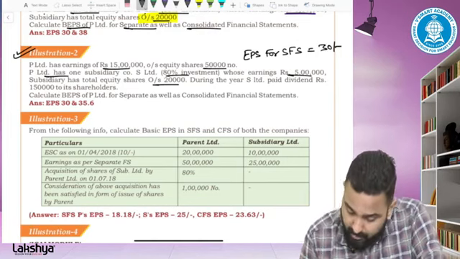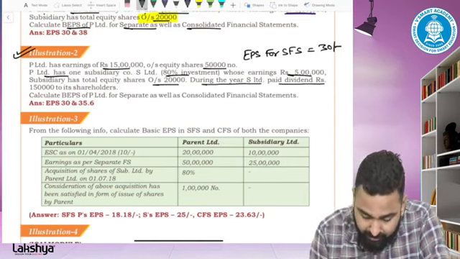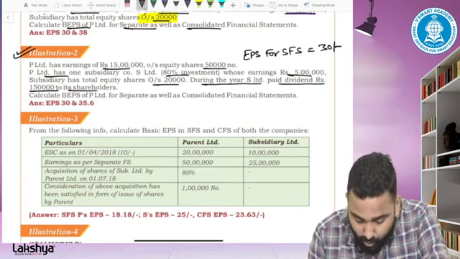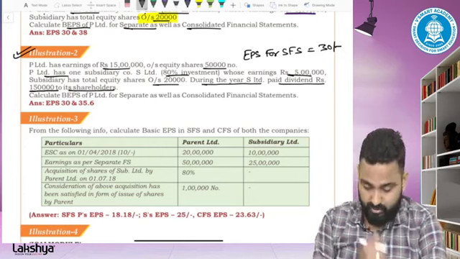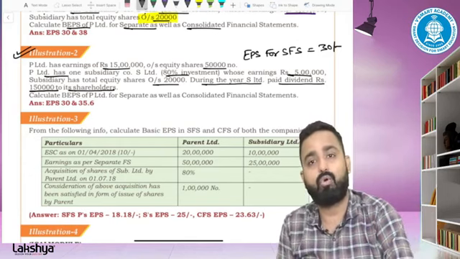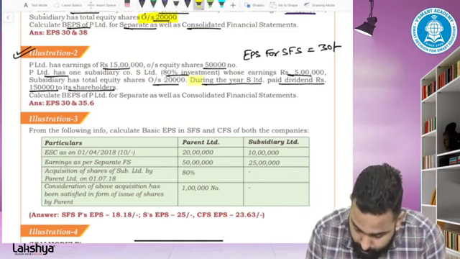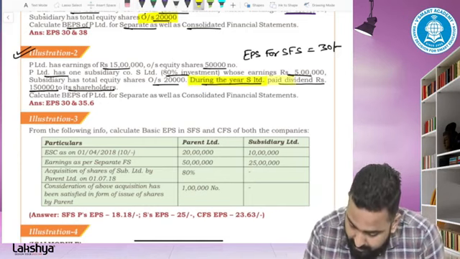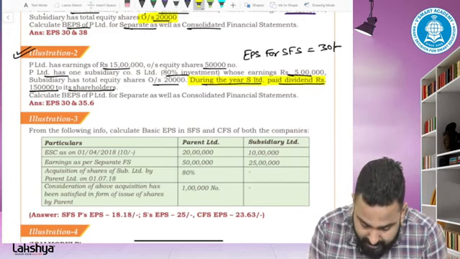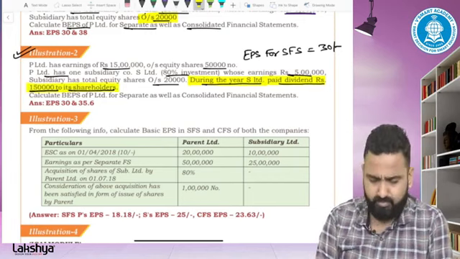Okay, same. During the year, S Limited paid a dividend of rupees 1,50,000 to its shareholders.